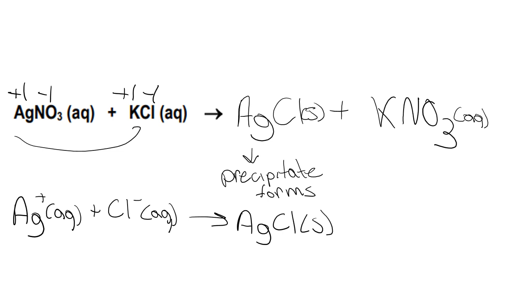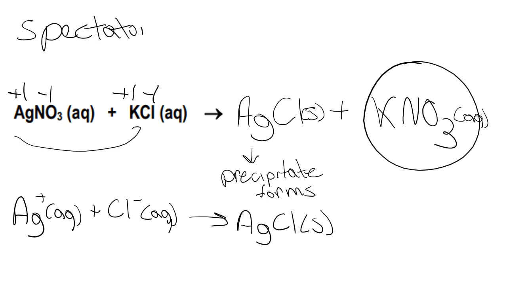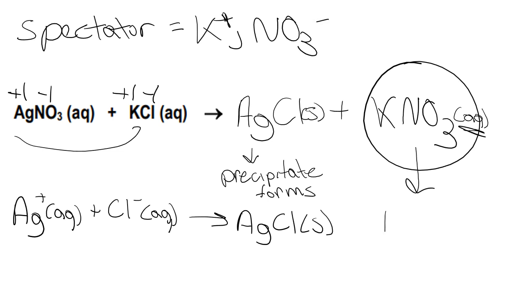It then asks, what are the spectator ions? Meaning, if this is aqueous on this side, nothing happens. Meaning, something dissolved on both sides, it doesn't bond with anything. So the spectator ions are K+ and NO3-. Because that is still aqueous, since it's aqueous, we know that the dissociation reaction is that.